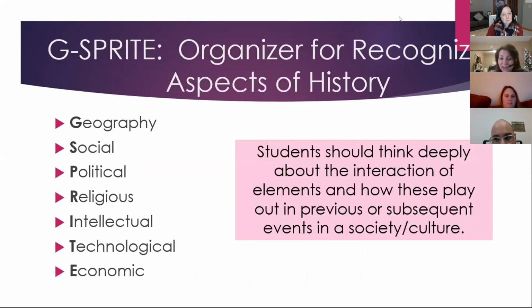G-SPRITE, another acronym, is one way to get them to think deeply about different elements. When you look at something, look at it through its geography, the social, the political, religious, intellectual, technological, and economic.